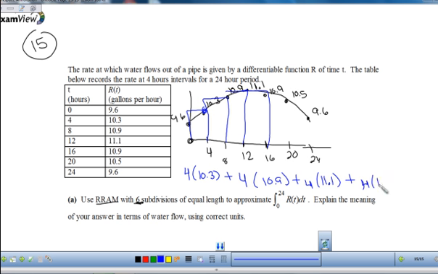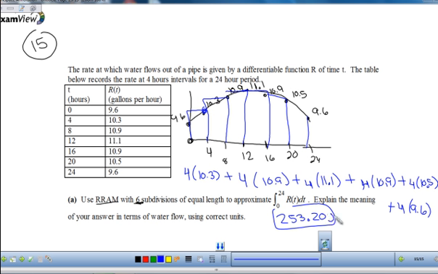Base is 4, 10.9 is the height. Again, the base is 4, the height is 10.5. And the last one, the base is 4, and the height is 9.6. So if you add all of those together, you should get 253.2 gallons.